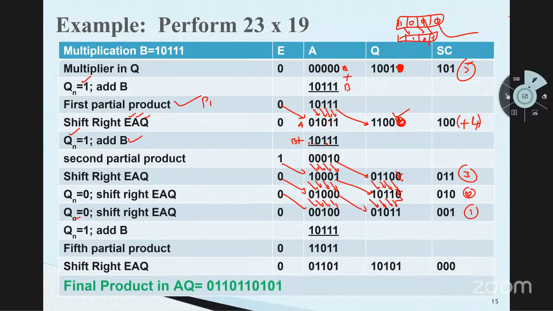What is the Qn value? The Qn value is 1. So here 1, then add B. You can add A and B, then you will get the result. Again perform the right shift operation. After addition, the counter is zero. So stop. The result will be in the A and Q registers.